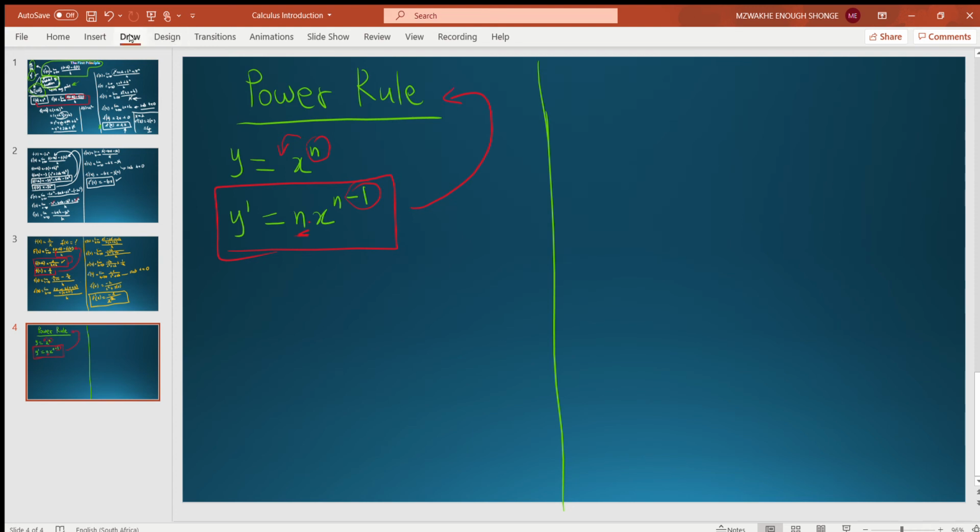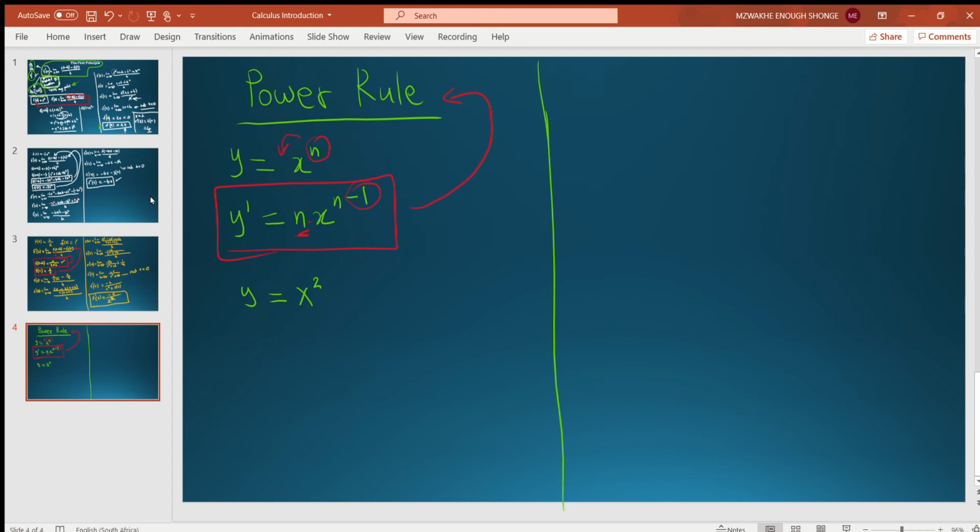For example, let's say you have y equals x squared. This is what I did in my other video on the first principle: f of x equals x squared, or y equals x squared. How do we differentiate this using the power rule?